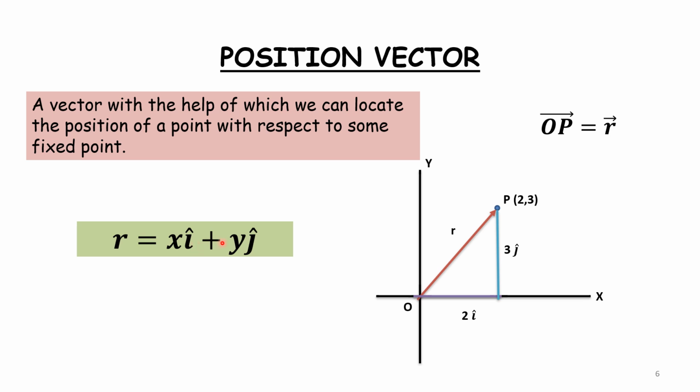You can see that position vector is equal to x i cap plus y j cap. So a position vector is a vector used to locate the position of a point.